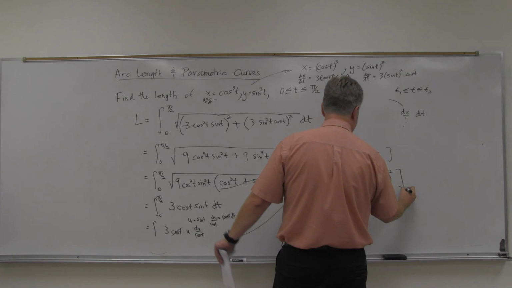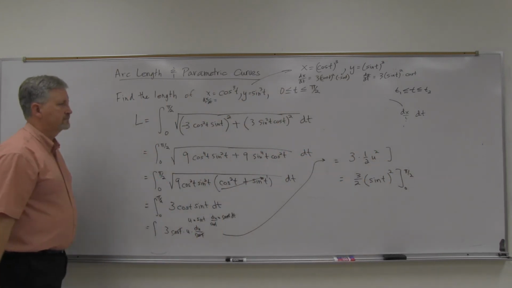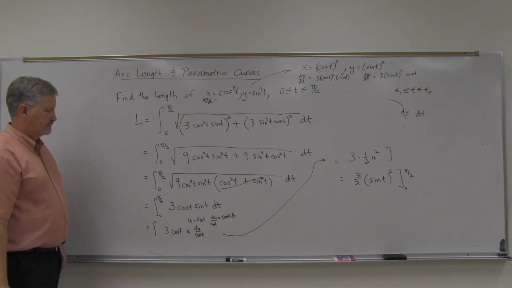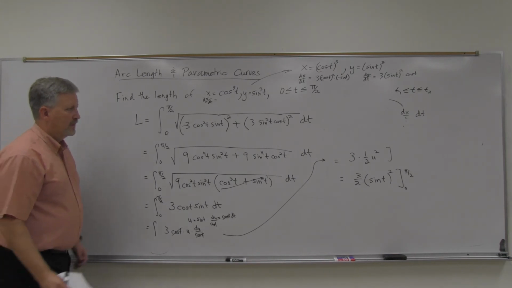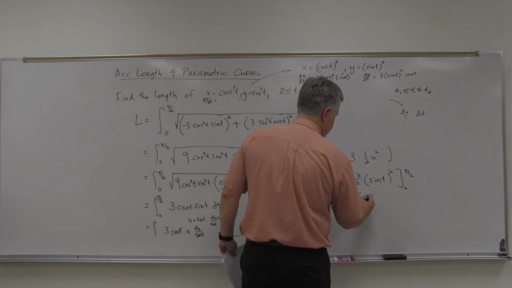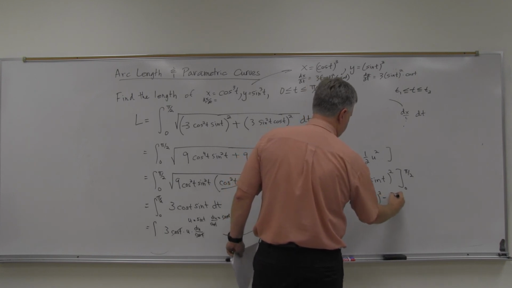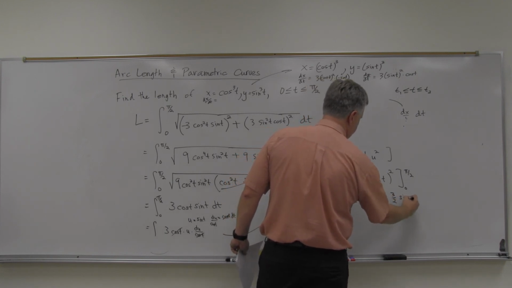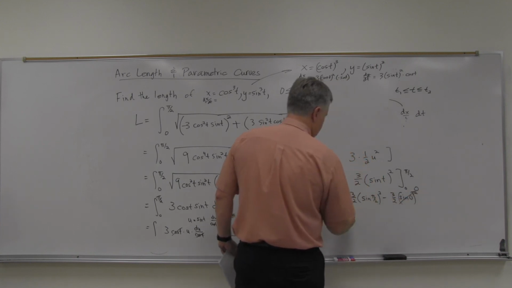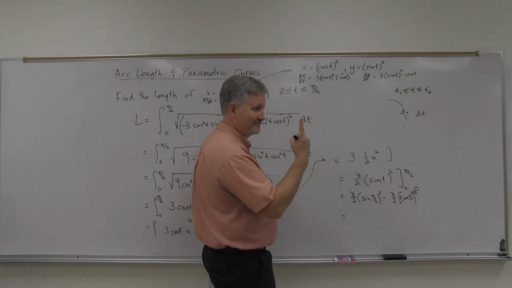And now we're back to 0 to pi over 2. So 3/2 times sine of pi over 2 squared minus 3/2 sine of 0 squared. That's 0. Sine of pi over 2? 1.